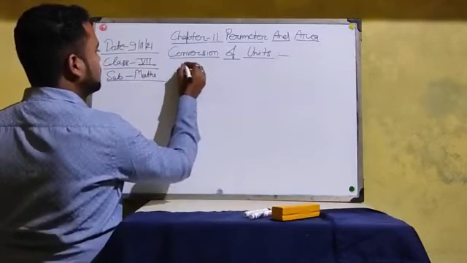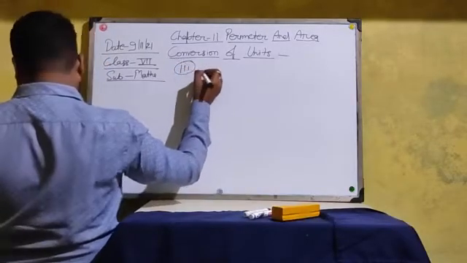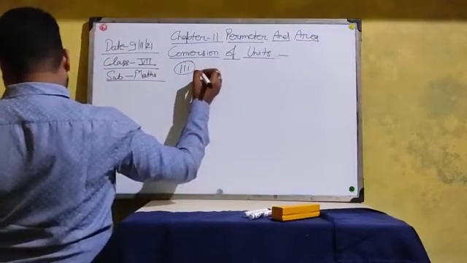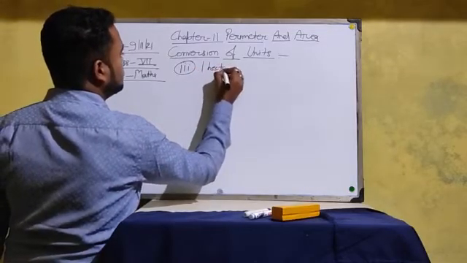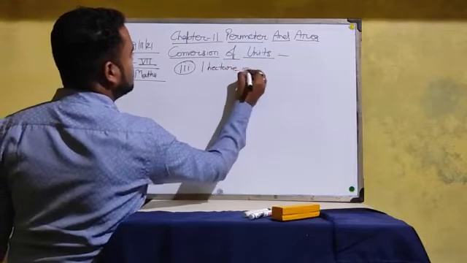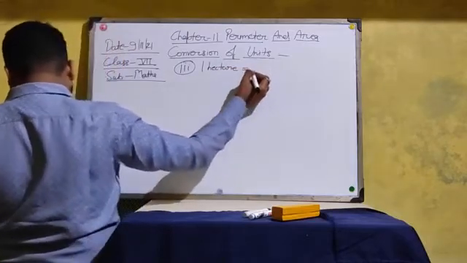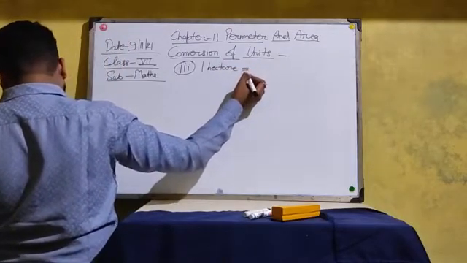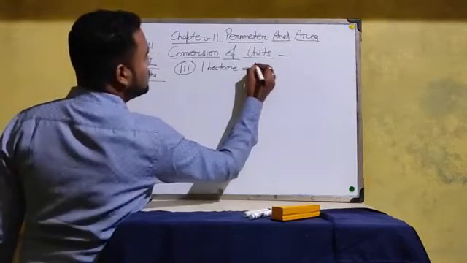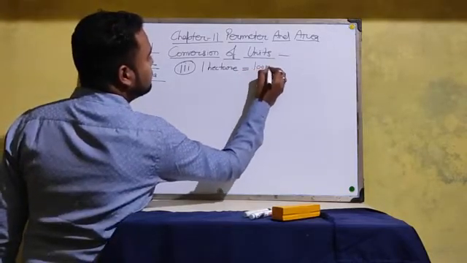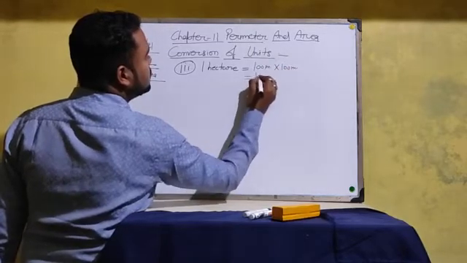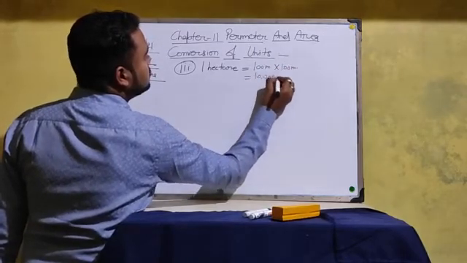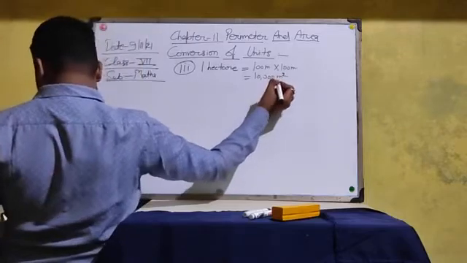Both the examples show how we can convert the units. So now here, 1 hectare, we have to convert hectare to meter. As we know that 1 hectare equals 100 meter into 100 meter, which gives 10,000 meter square.